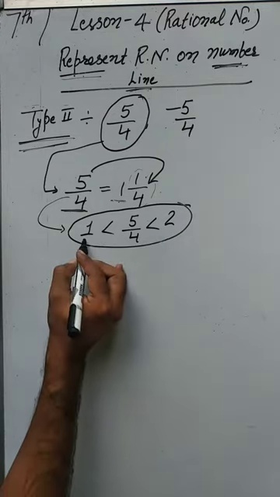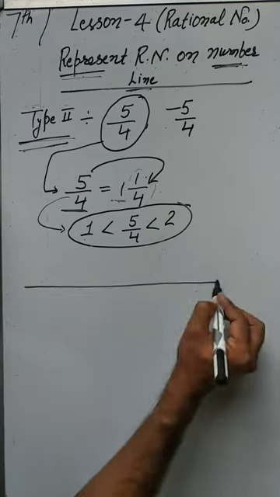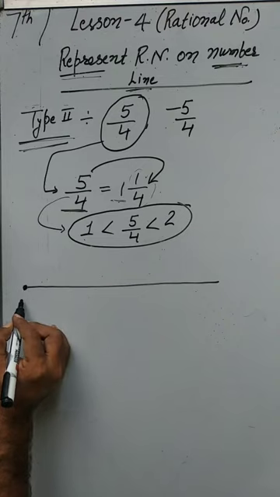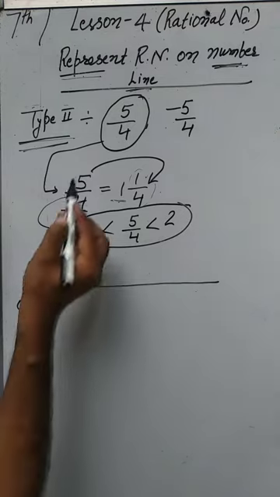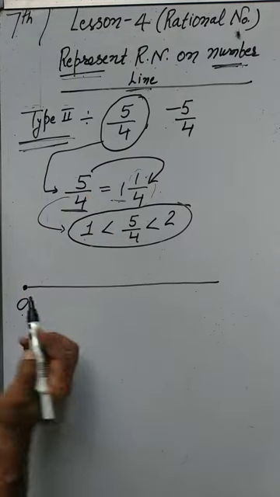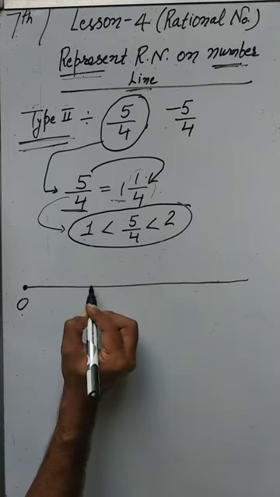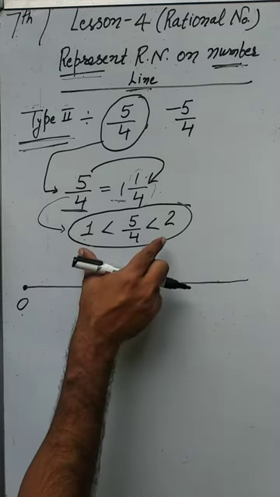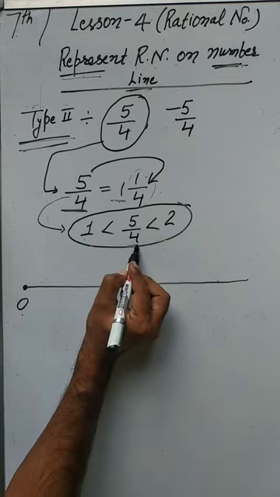Now, beta, clearly 5 upon 4 lies between 1 and 2. To represent it on the number line, we mark 0 here. 5 upon 4 has a positive sign, so it will lie on the right hand side of 0, between 1 and 2. What is the denominator here? 4.